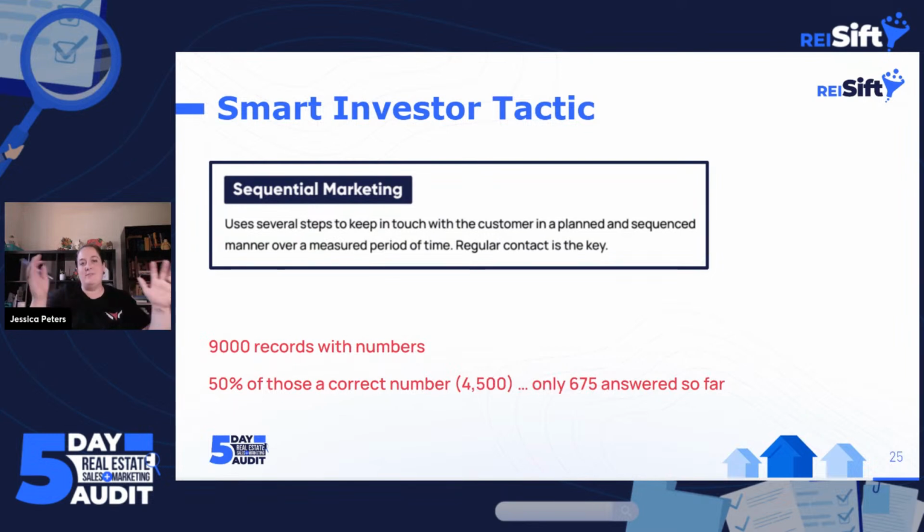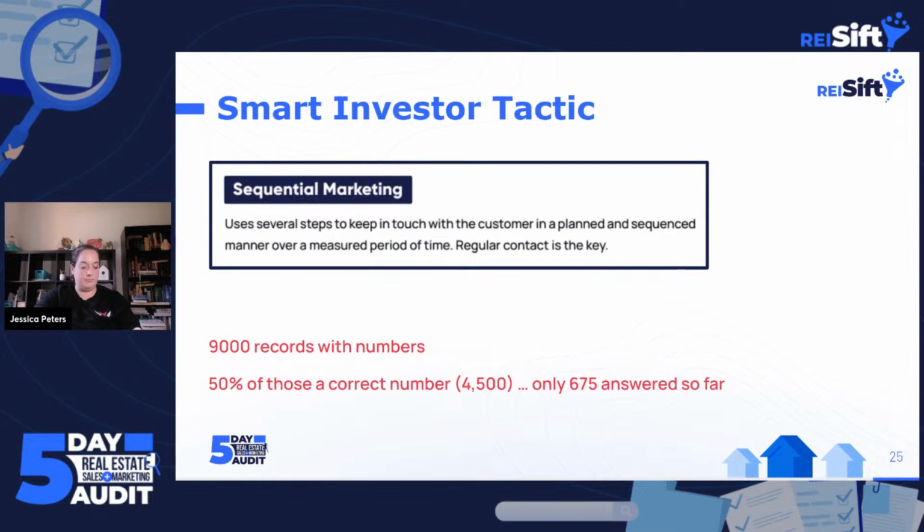We're going to do 5 attempts on the bulk dialer. Anybody that I haven't made contact with, I'm going to move them into another strategy. Maybe it's SMS, maybe it's direct mail, whatever works for you. And I'm going to do a certain number of attempts there in an attempt to reach the homeowner. So we have a plan to move them through a strategy over a period of time and attempt to reach them.